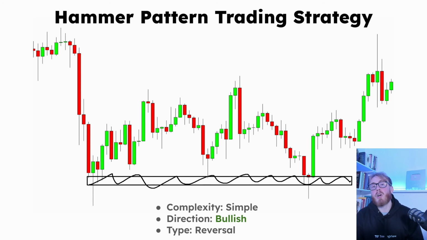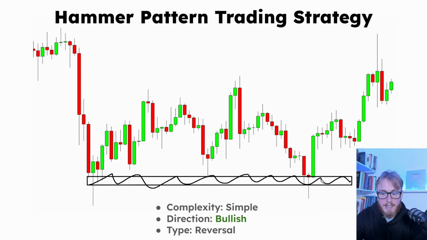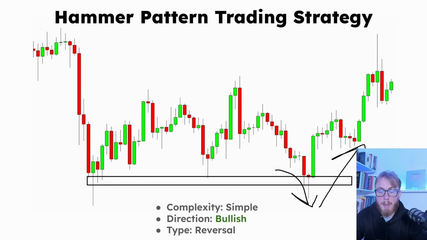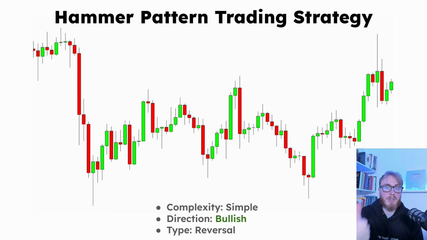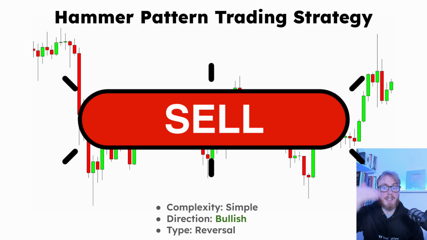And by the way, guys, we will talk more about the concept of support and resistance later on in this course. But for now, we can just notice that this hammer is actually appearing at a support level. And another thing we can notice is that the price actually quickly dipped below support and then pushed above. And this right here is something I personally really like to see. But all right, so now we found a great hammer. But now you might of course wonder, when do I buy, when do I sell, and where do I place my target?